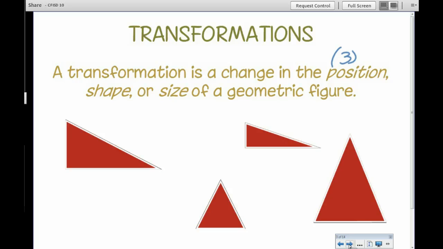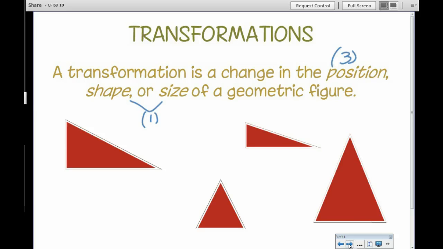But for one of them, we are going to change the shape and the size. Which one do you think is the one where we change size and shape? Yes, dilation. The other three, when we perform the transformation, the image, the thing we come up with, is going to be congruent to the pre-image.